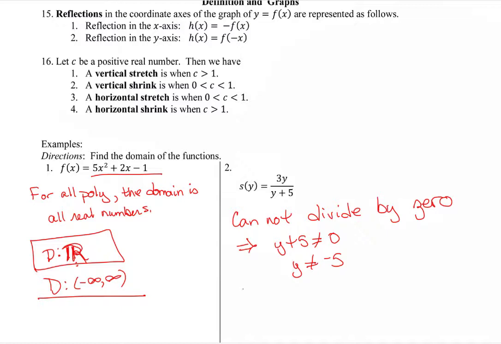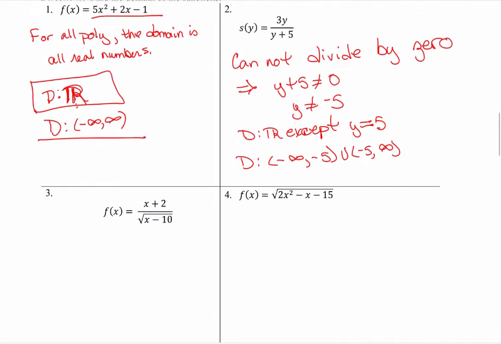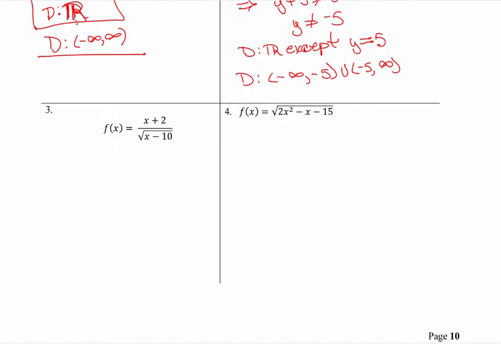So my domain is all real numbers except y equal to negative 5. Or the domain in interval notation is negative infinity to negative 5 union negative 5 to infinity. Again, it depends on what your answer is looking for, if I'm looking for a set or if I'm looking for an interval.